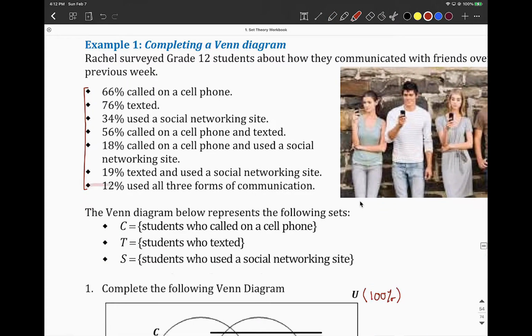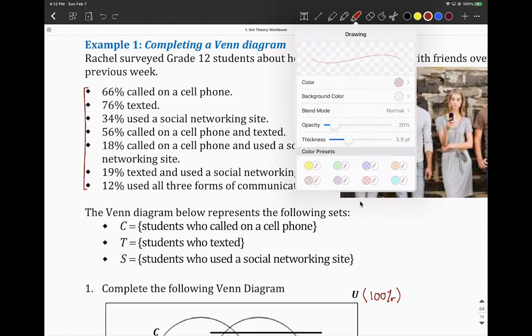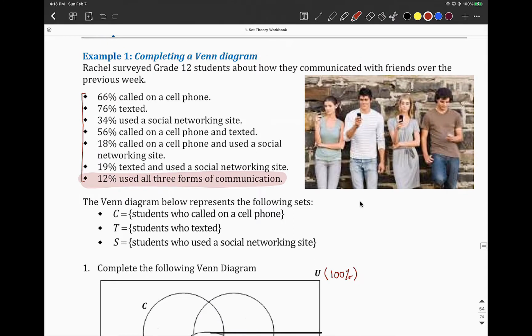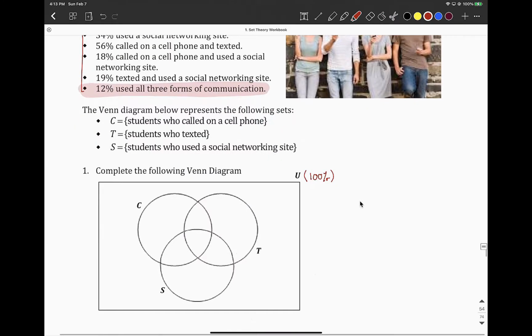But we're being nice, and we have given you the crucial piece of information here, which is that 12% used all three forms of communication. That is going to be our middle.